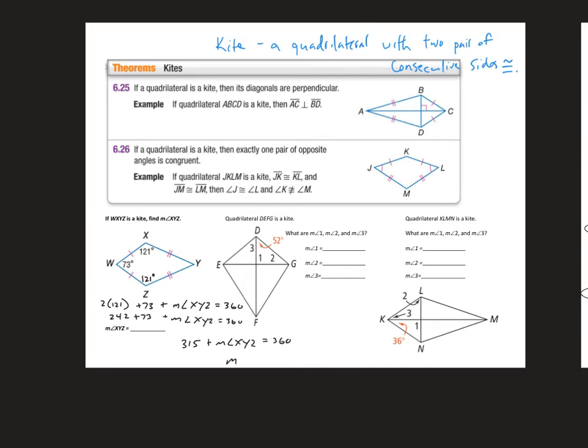So that means the measure of angle XYZ is equal to 45 degrees. I gotta subtract that 315 from both sides.